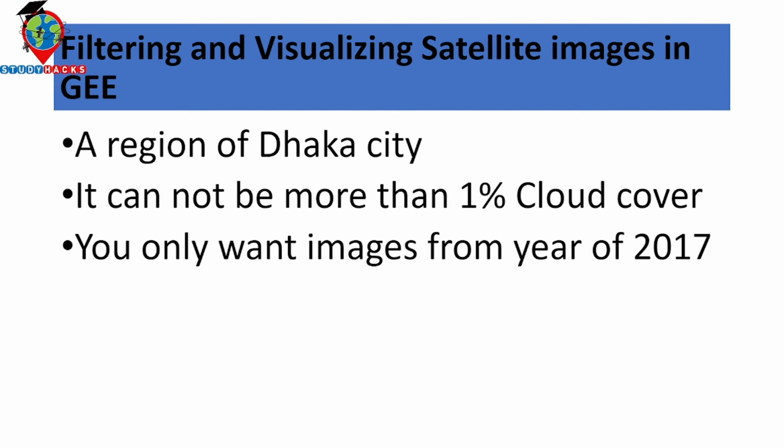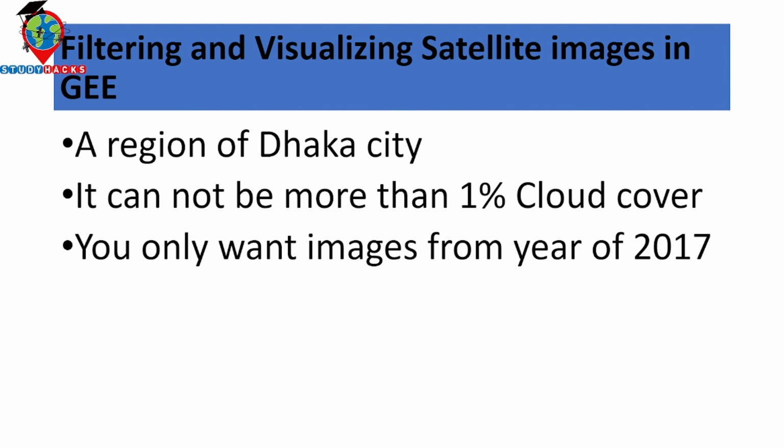So for any kind of satellite imagery in the Google Earth Engine platform, when you filter, we just follow the three factors. The first factor is the region of interest: where you need this image. Suppose I need the image for Dhaka city. Second, how you need this image: suppose I need this image only with less than 1% cloud cover, so cloud cover cannot be more than 1%.